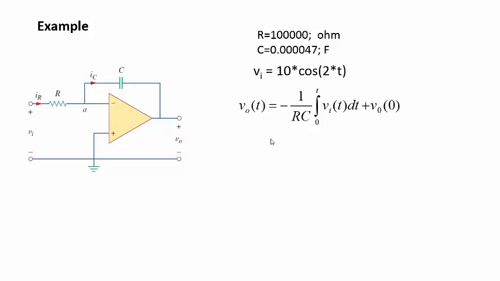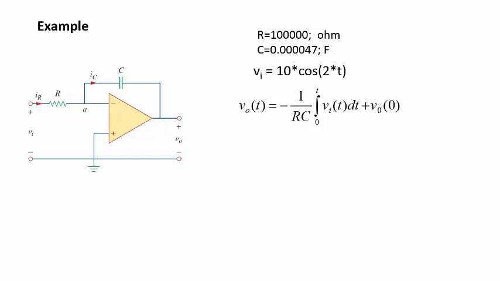So I'll apply the equation that we just developed on the previous slides, and I know that V out will be minus 1 over RC integral from 0 to t of V in plus any initial voltage that exists, which there is no initial voltage on the capacitor. We assume that our capacitor is initially discharged. So if I do that integration, everybody should be able to do it, but I'll go ahead and do it.